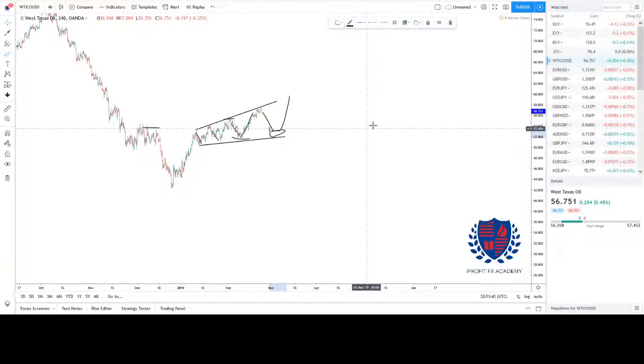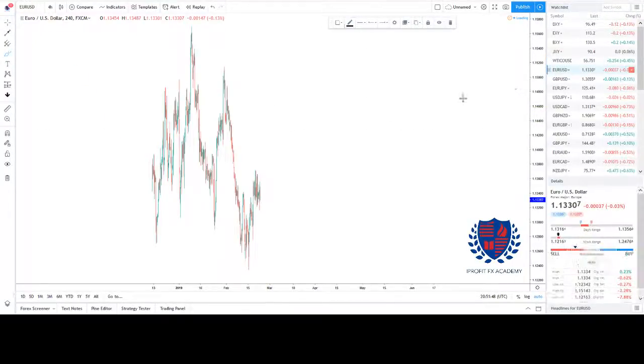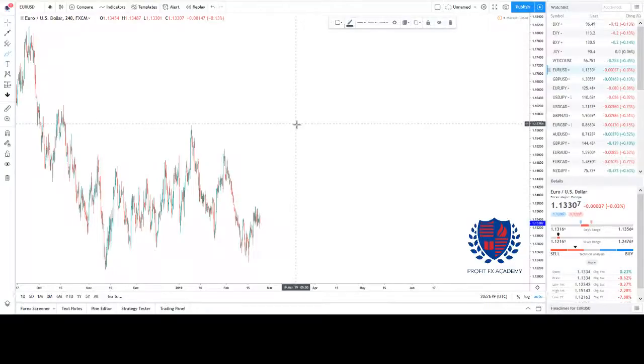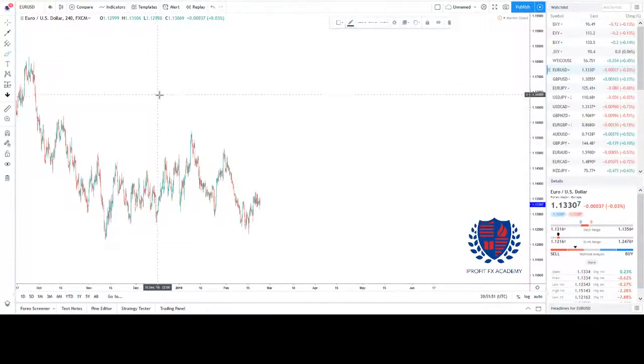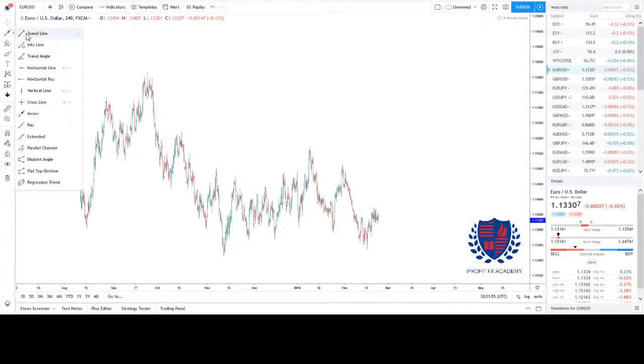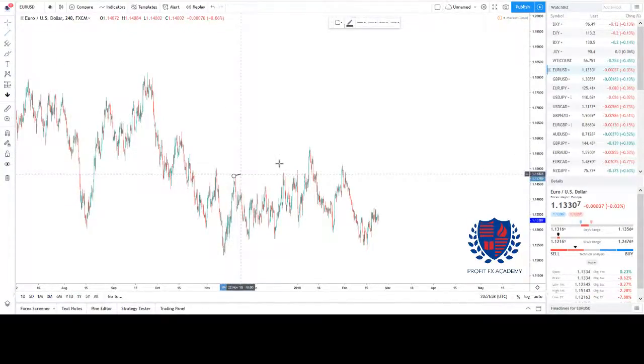All right, Euro USD. Euro USD is more or less identical to the actual Euro index. We're in the same type of situation.